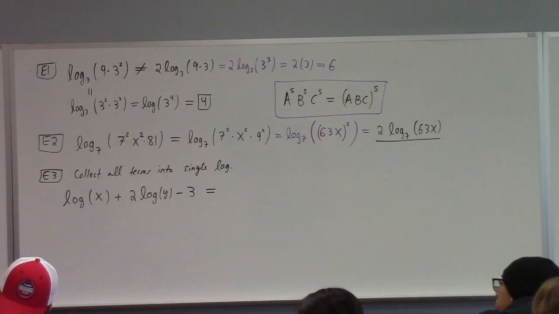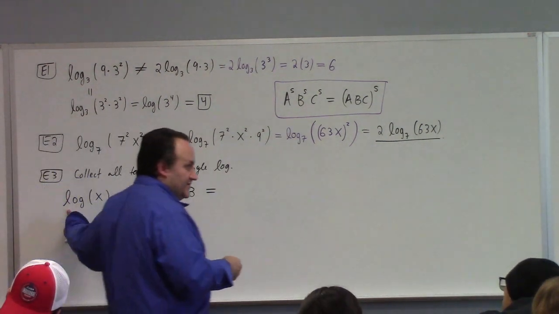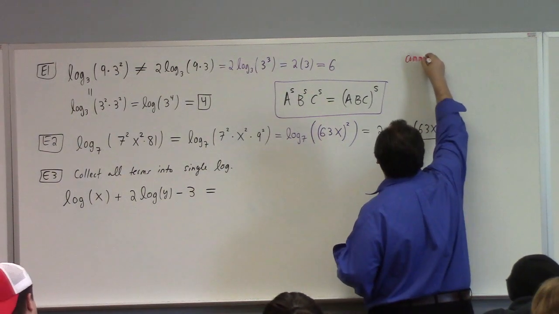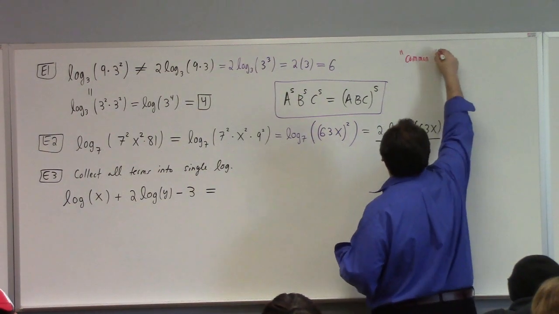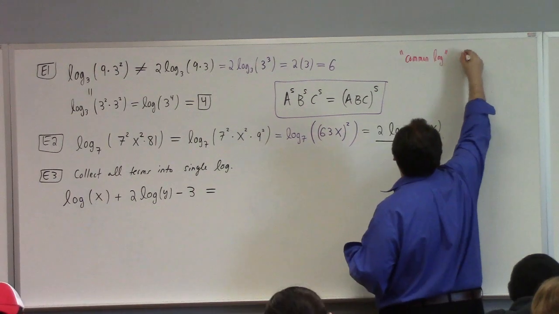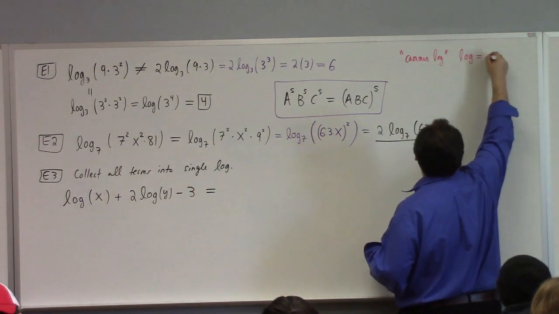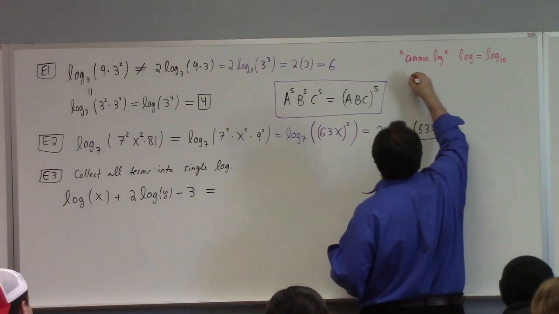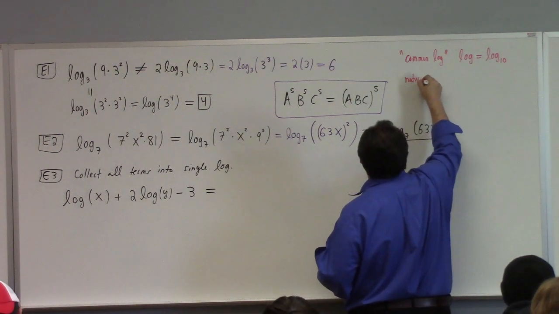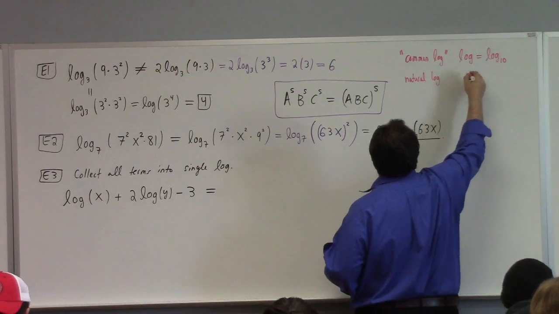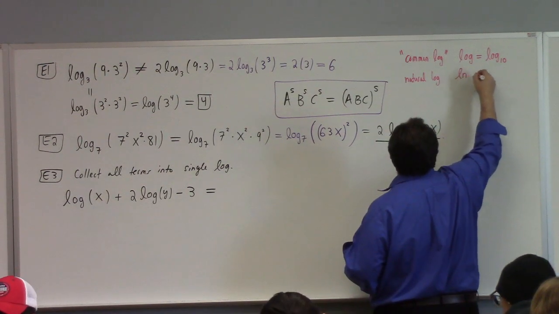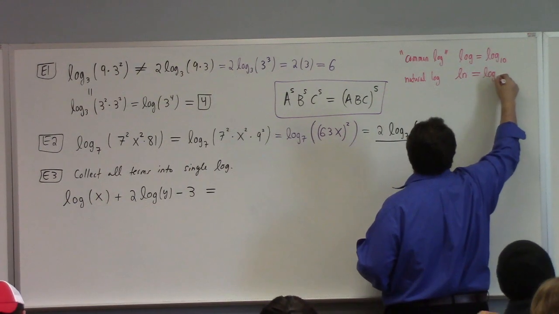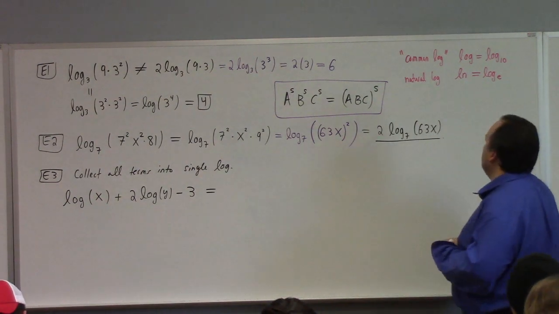Common log is just log, which is technically, in our usual notation, log base 10. The natural log is ln, and that is technically log base e. All right?